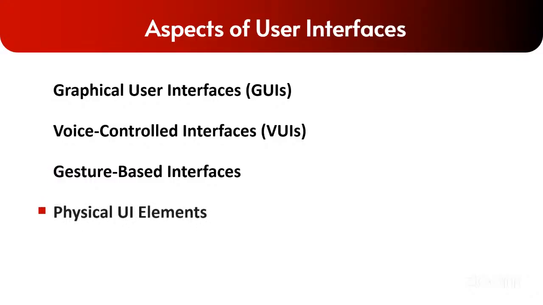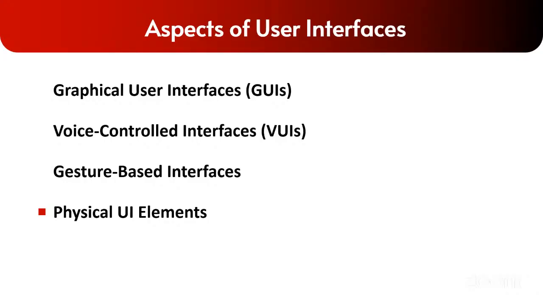We also have physical UI elements. Please, anytime you say UI, that simply means user interface. So physical user interface elements. These are physical parts, including buttons, sliders. For some of us that are used to the older stereo devices we have on cars, most of the buttons there are round, where you have to twist or rotate your hand to increase the volume or change channels, right?